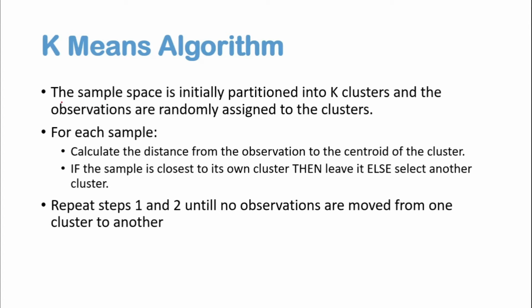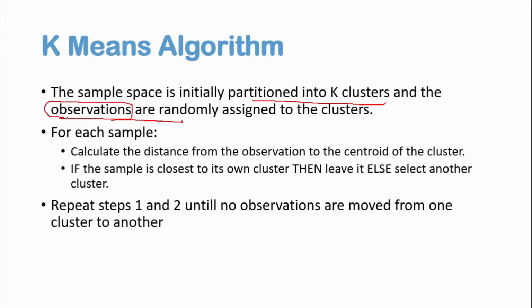Okay, the sample space is initially partitioned into k clusters. That means we need to provide how many clusters we want, and the observations are randomly assigned to the clusters. The observations means the data samples.